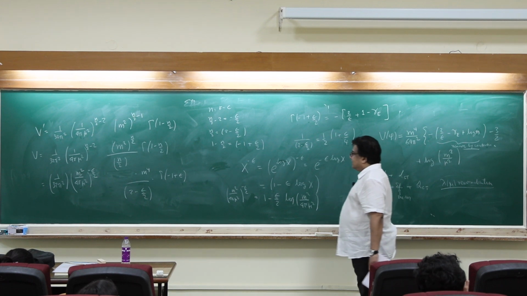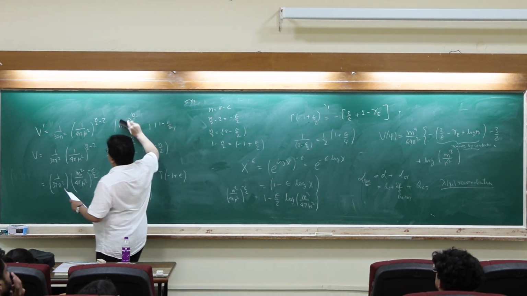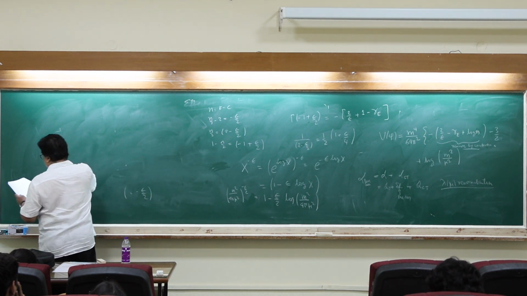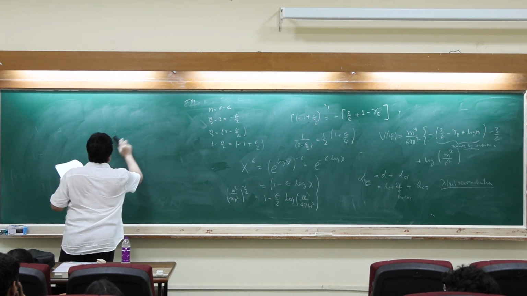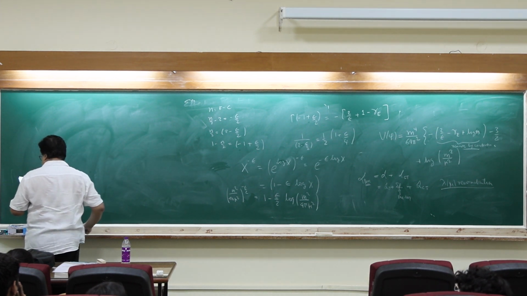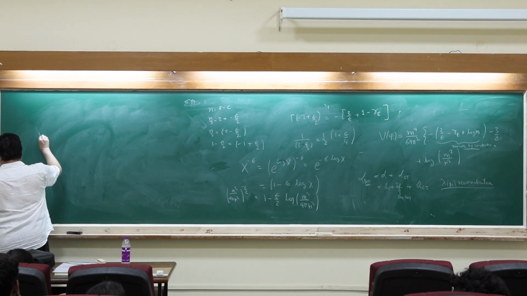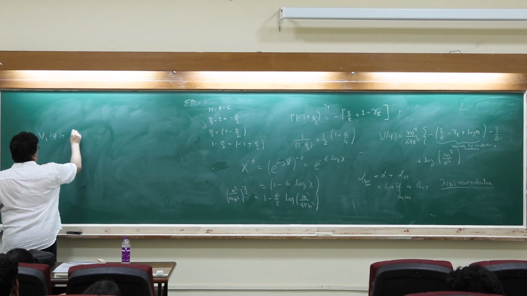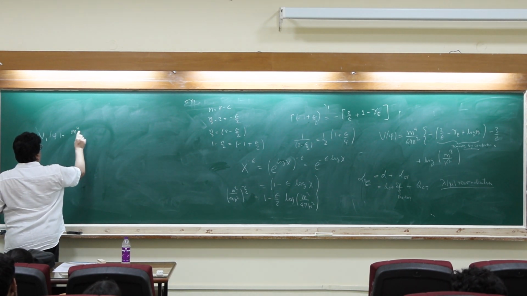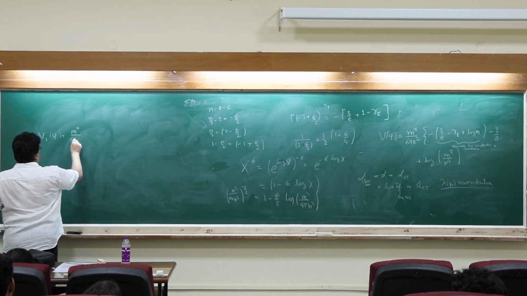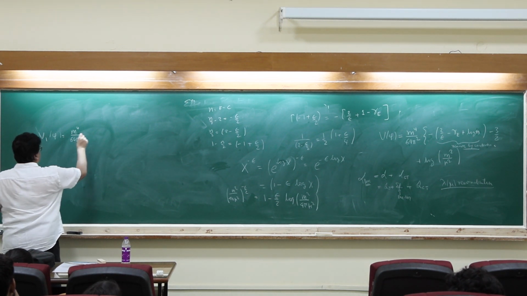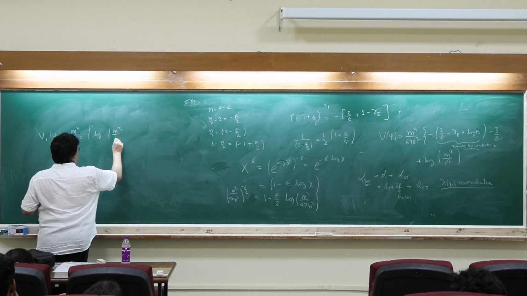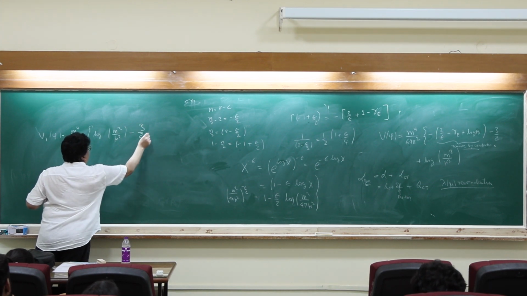So the final answer for this is V one loop is m^4 upon 64 pi square, log m square by mu square minus 3 half.